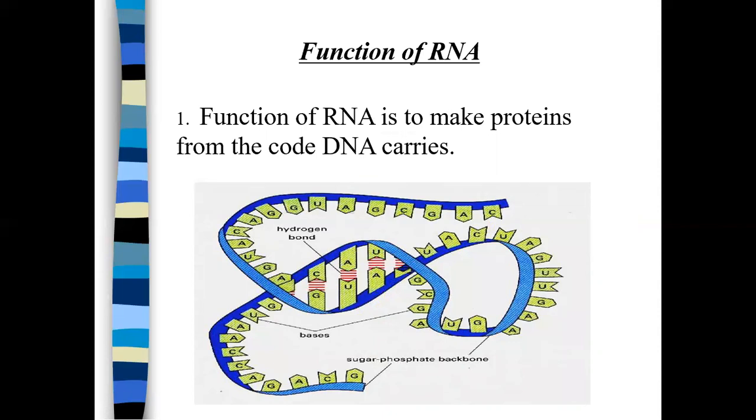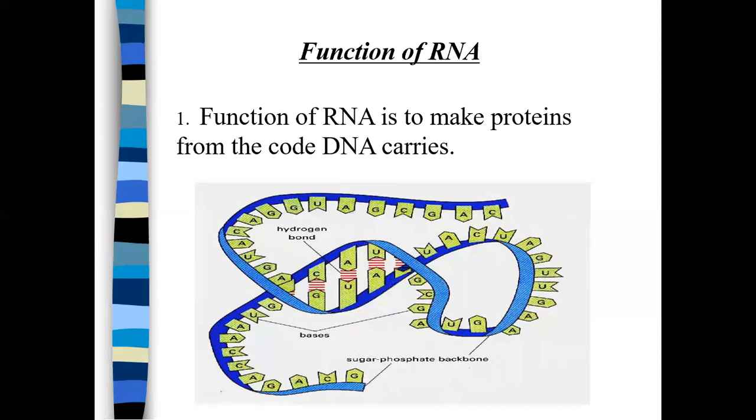Basically, there is code on the DNA. For example, this is code CAU. Three nucleotides make up a code. Let's say this type of code will make protein that will make black color of eye, let's suppose.